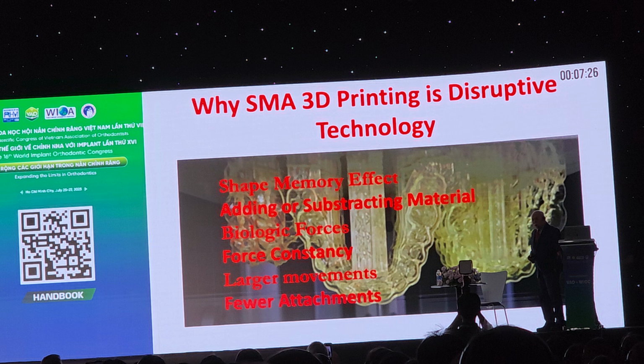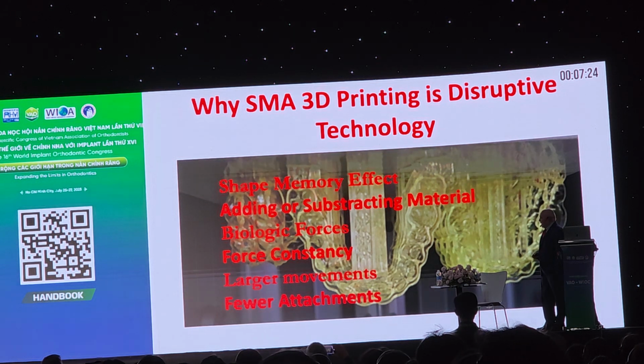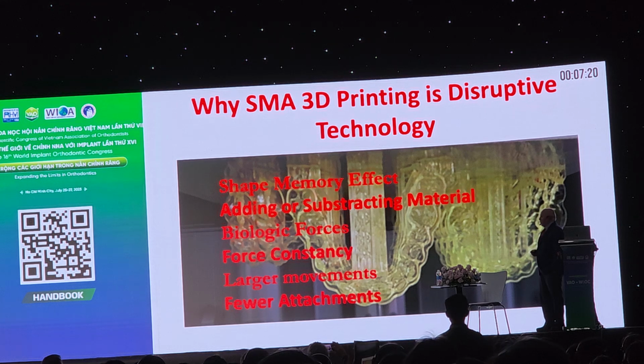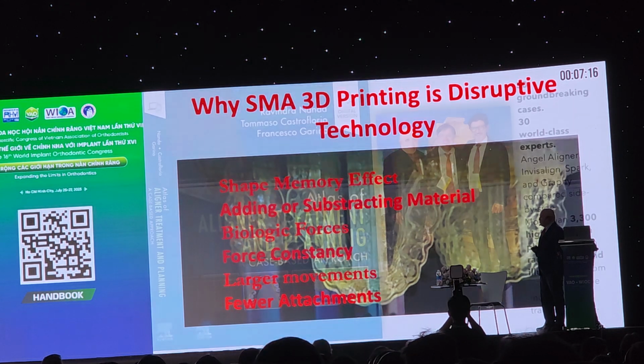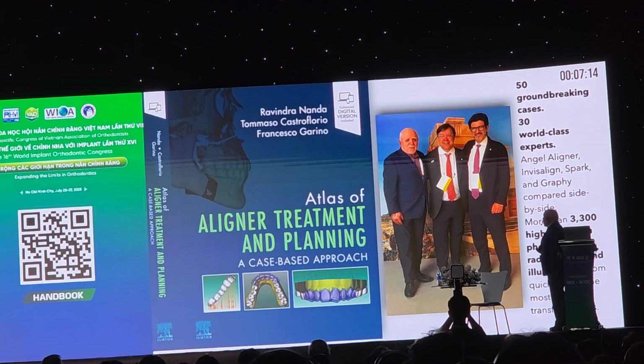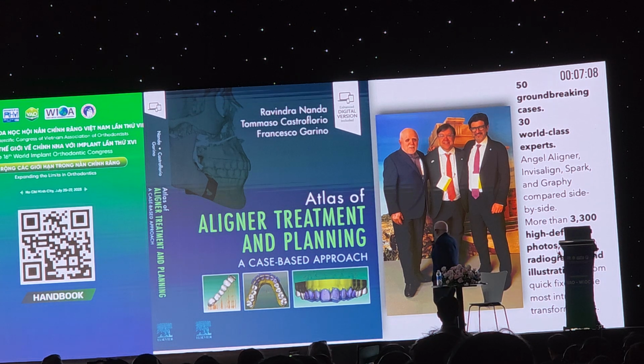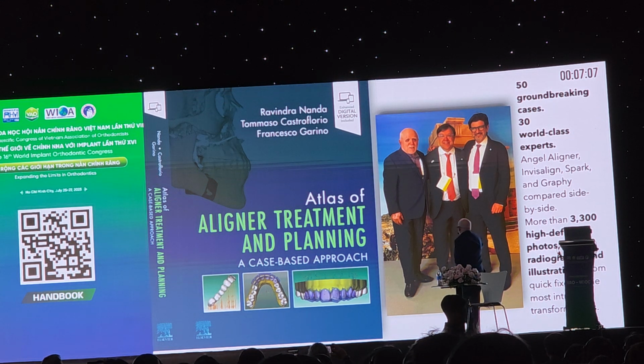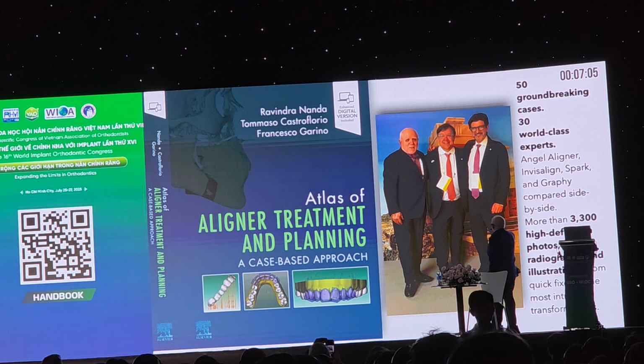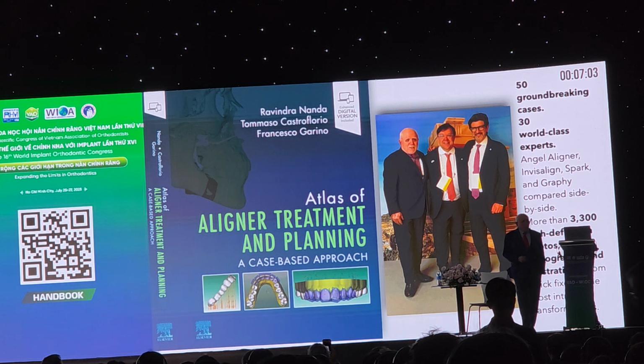So why shape memory aligners? Because you want shape memory effect, sustained adding or subtracting material, biologic forces, force constancy, larger movements, fewer attachments in your patients. And you can see here we have a new book coming out, and you will see my 2 co-authors, Francesco Garino and Castro Florio from Italy.